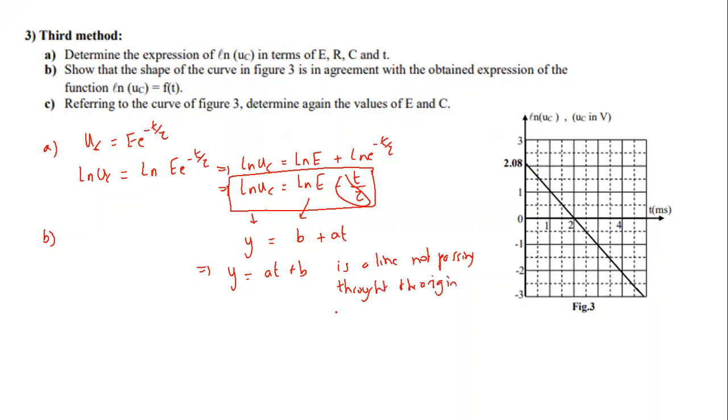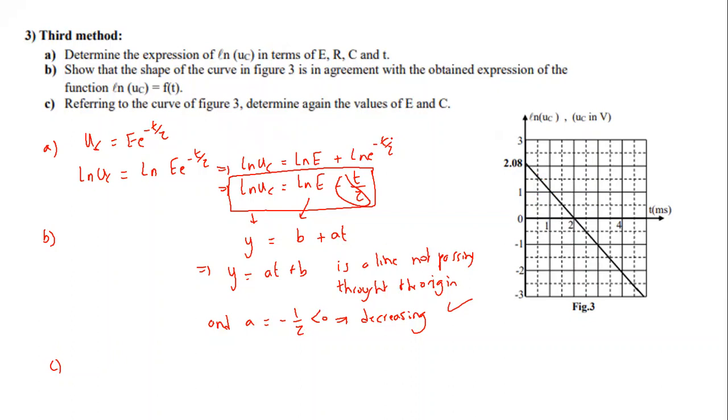And a equals minus 1 over tau, smaller than 0, implies it's decreasing. So it's verified.